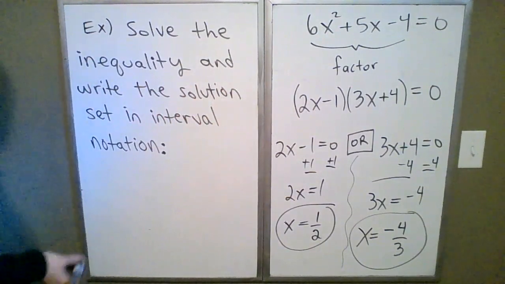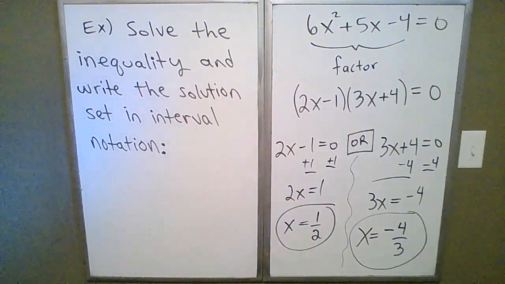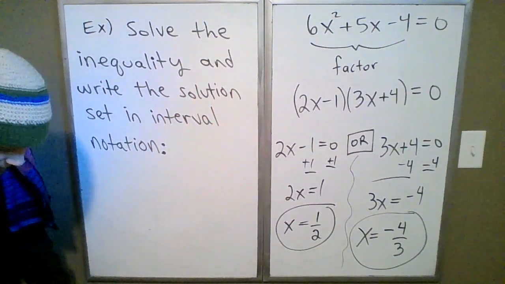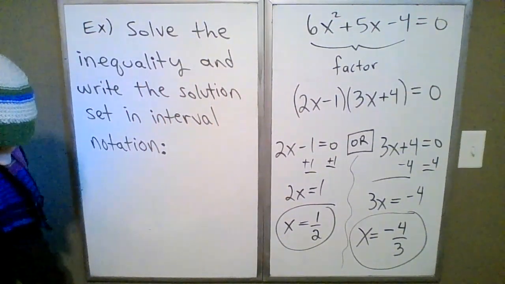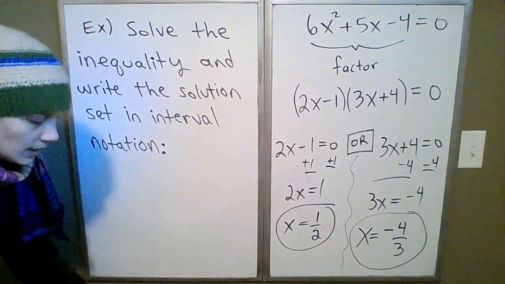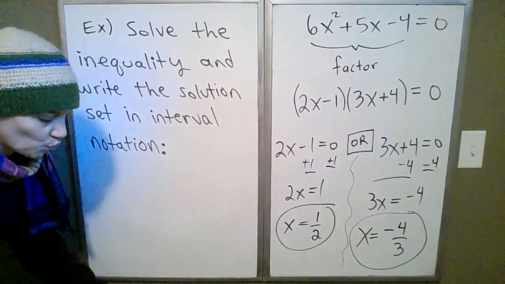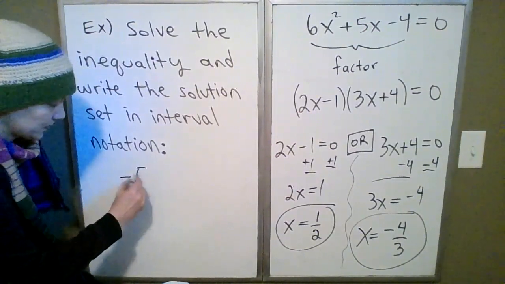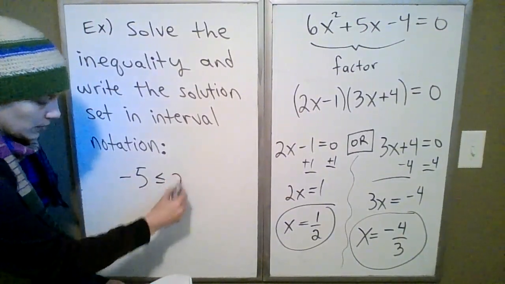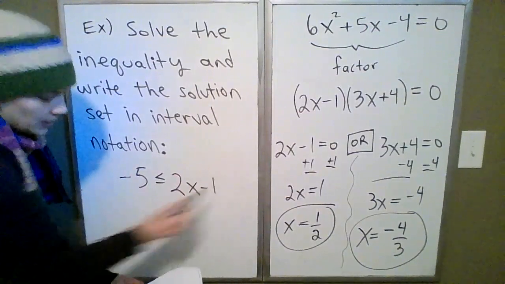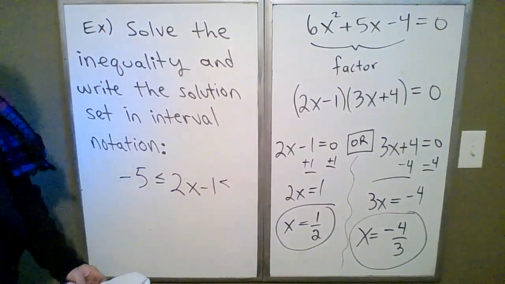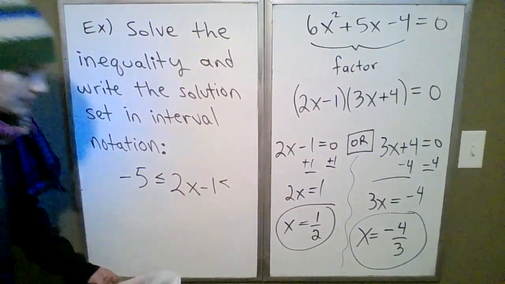All right, we're going to go with -5 less than or equal to 2x minus 1 less than 5.